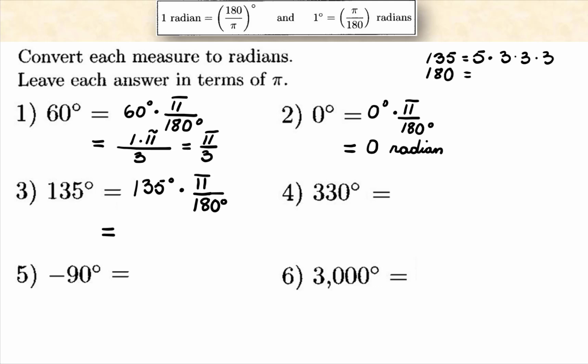For 180, it'll be 5 times 3 times 3 times 2 times 2. So the GCF is 5 times 3 times 3, which is 45. 135 divided by 45 will be 3, and 180 divided by 45 will be 4. So it's 3 pi over 4.